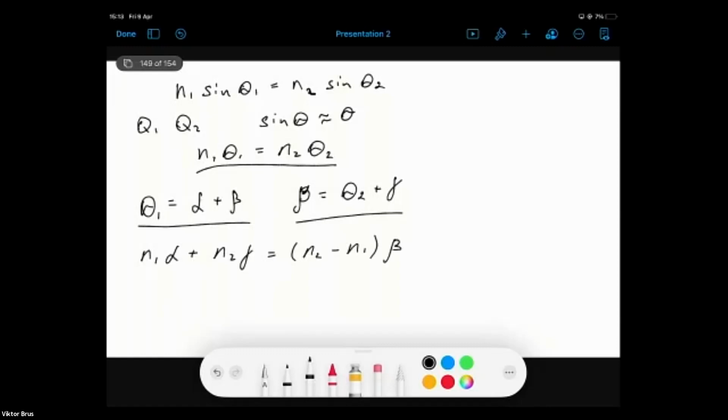I remind you, n1 and n2 are the refractive indices of the different mediums.